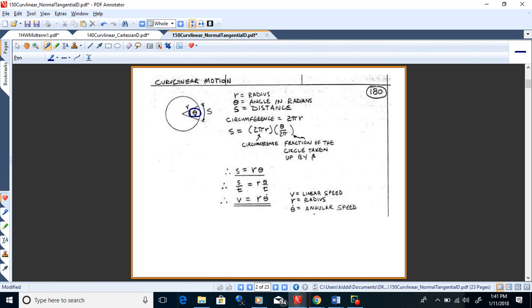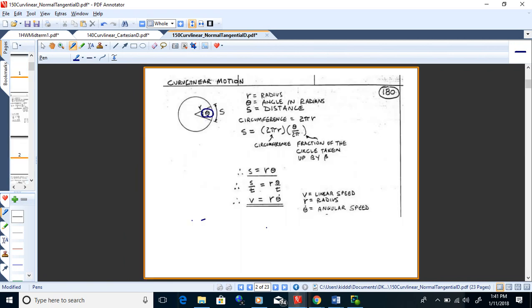So if we multiply that through, we'll get a relationship here between the arc angle and the distance around the arc. And there it is. So S, which is the curved distance around the arc, is the radius of the circle times the angle of the arc in radians. Nice simple relationship there.